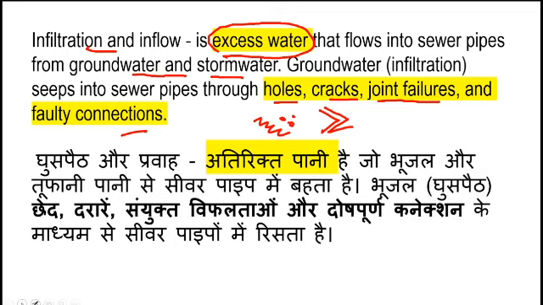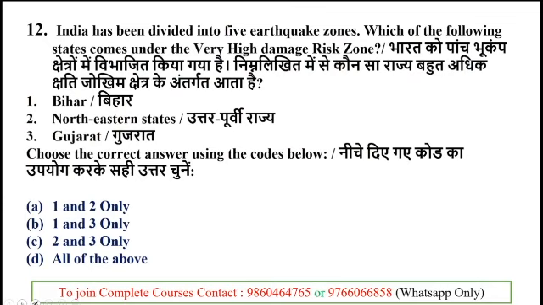Okay, then the next question is related with India having been divided into 5 earthquake zones. We discussed the 5 seismic zones, and which of the following states come under the very high damage risk zone? And the given states are Bihar, northeastern states, Gujarat.